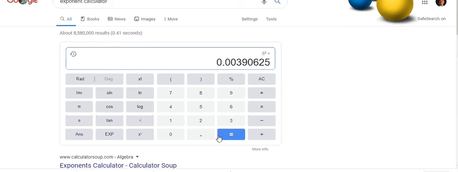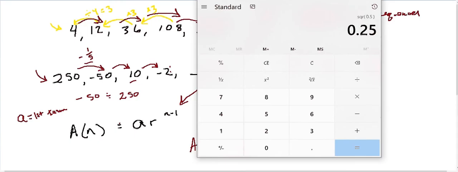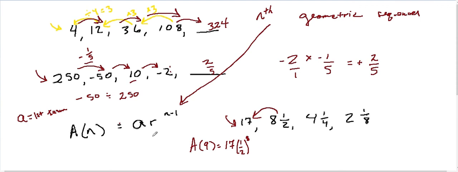Now that I have that value, I can multiply it by the first term. Now, if you don't have a fraction calculator, this isn't a super useful answer. The book will prefer us using fractions. So now we won't use a calculator. Let's see what that looks like.